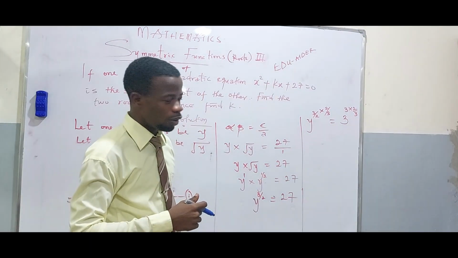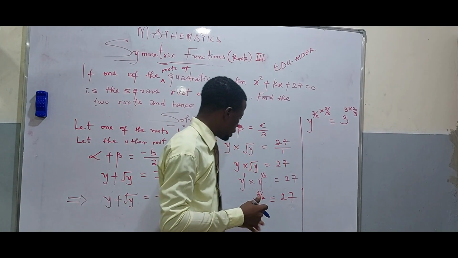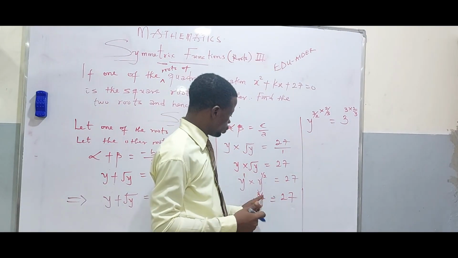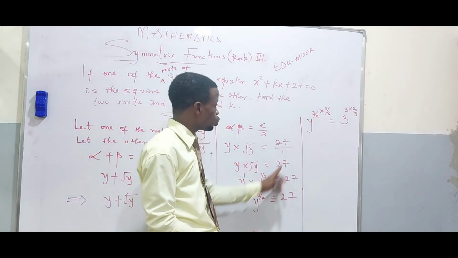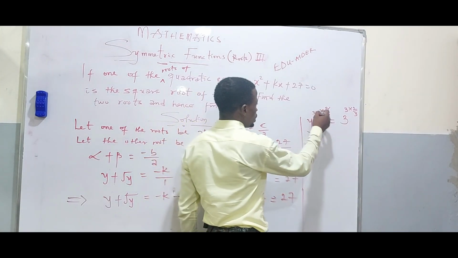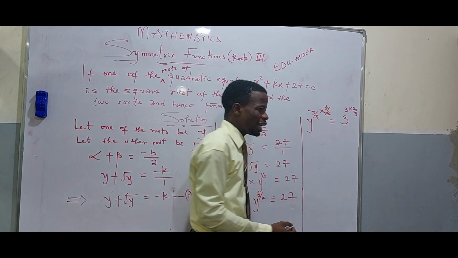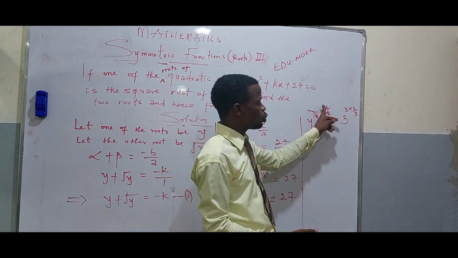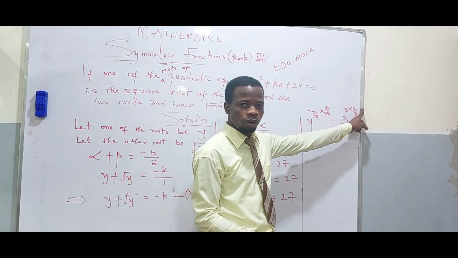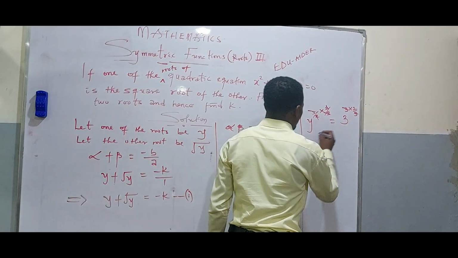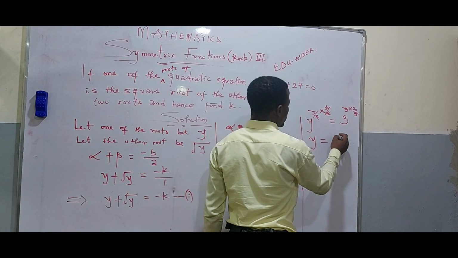Are you seeing that at all? So I want to get rid of this power 3 over 2. So I have to introduce the reciprocal of 3 over 2, and that is 2 over 3. So this will cancel this. And as I've multiplied the power by 2 over 3, I should do the same thing to the right hand side. This cancels this. Obviously y is equal to 9.